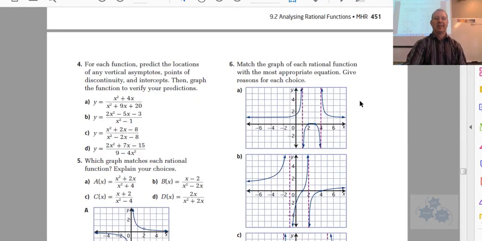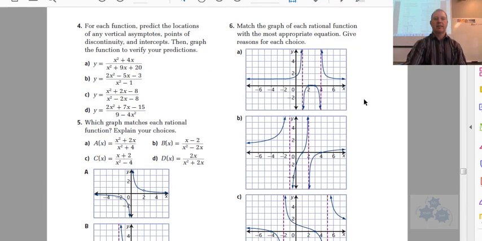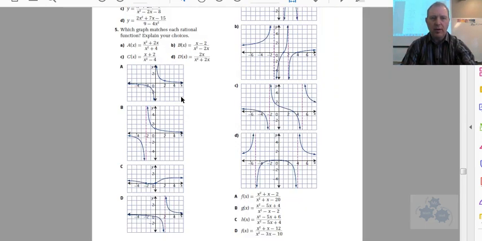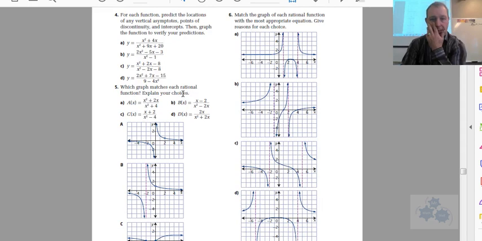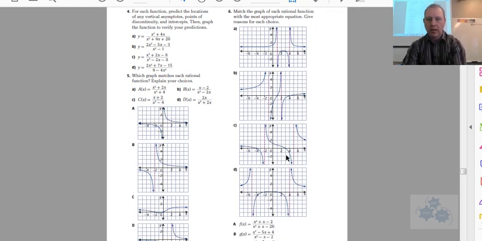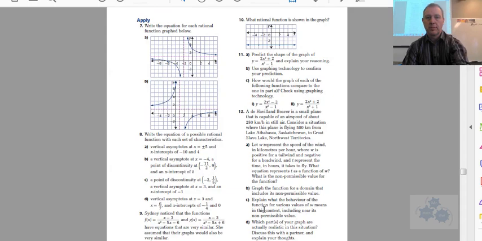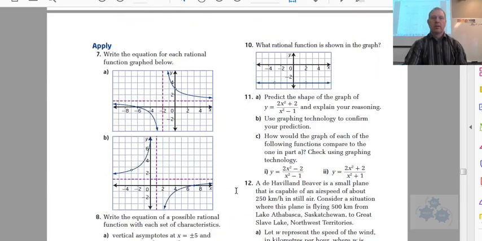There's 4 and 5. Oh, 5's tough to get in there all in one. And here's 6, match the graphs. Tough to see that all at once. 7.